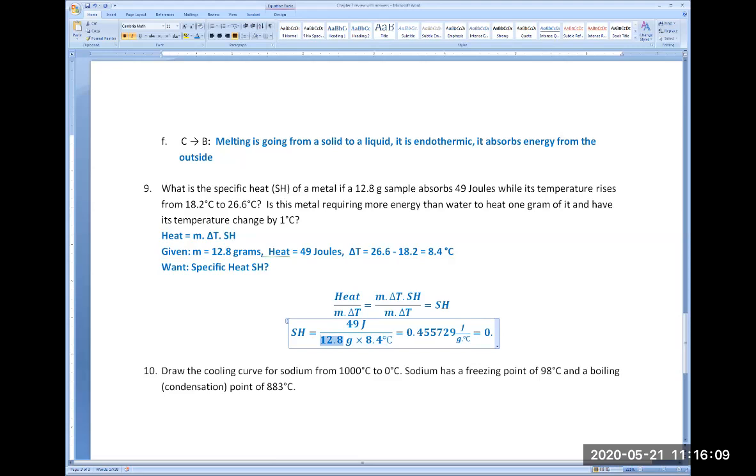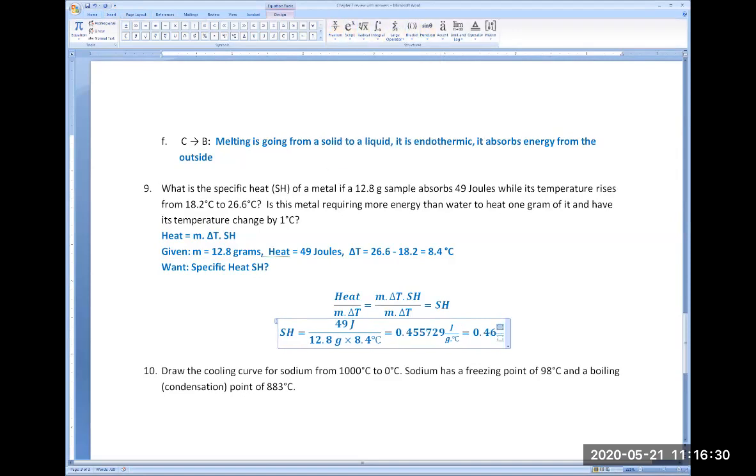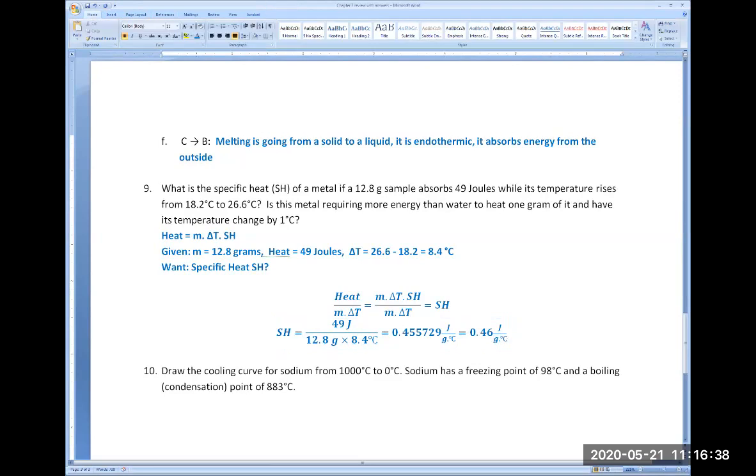So we will keep the 0.45. That's 2 sig figs already. What comes after the 5 is a 5. So you round up. So the 5 becomes a 6, and then you drop everything after that. And it's 0.46 joules per gram and per degree Celsius. Right? So that's the specific heat of your piece of metal here.